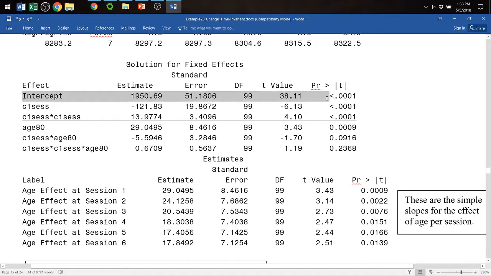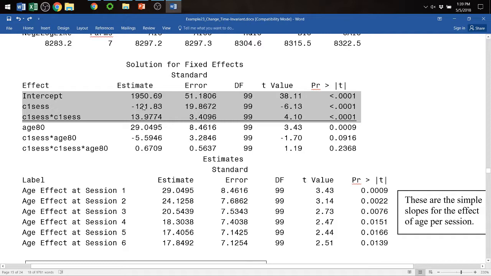So the first 3 terms then now describe a reference growth curve. So we have a fixed intercept, a fixed linear slope, and a fixed quadratic slope. All 3 of these are specific to an 80-year-old because each of these is predicted by age 80. So age centered at 80 is what that variable means to me.